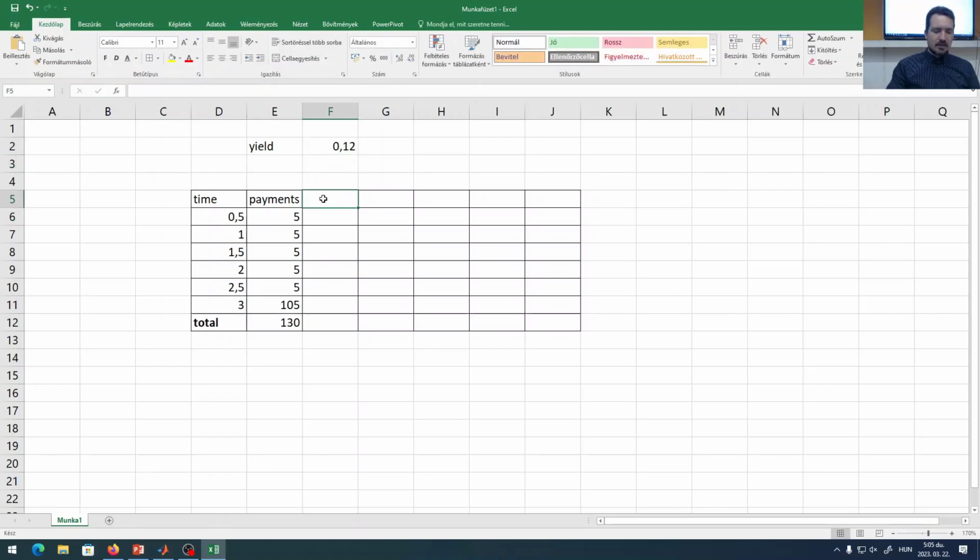Okay, and present value. So now we have to say that this is multiplied by exp of minus the yield multiplied with the time.